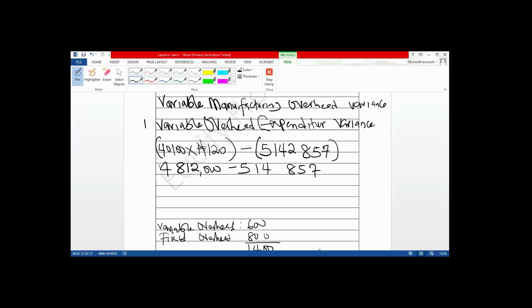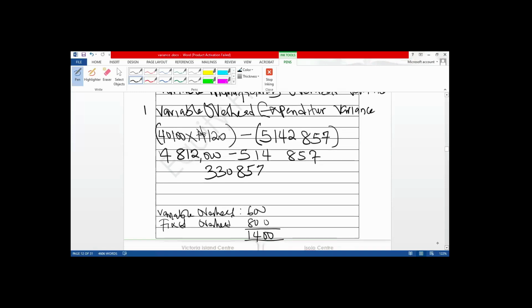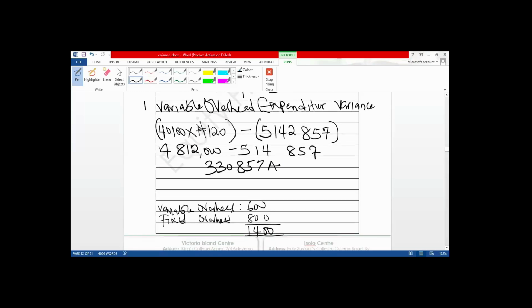The difference is 330,857. You have calculated variable overhead expenditure.